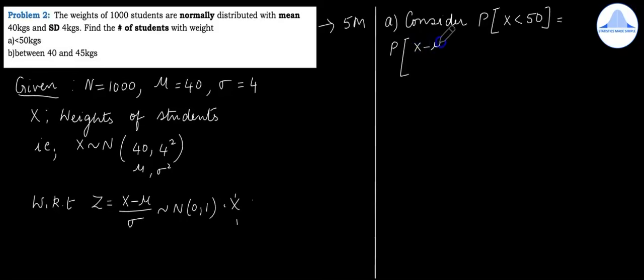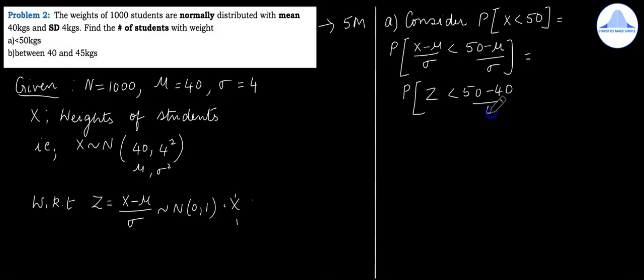From X subtract mu divide by sigma is less than, write 50 subtract mu and divide by sigma. So this is equal to probability of X minus mu by sigma, that is Z, is less than 50 minus 40 divided by 4, which is equal to probability of Z is less than 2.5.